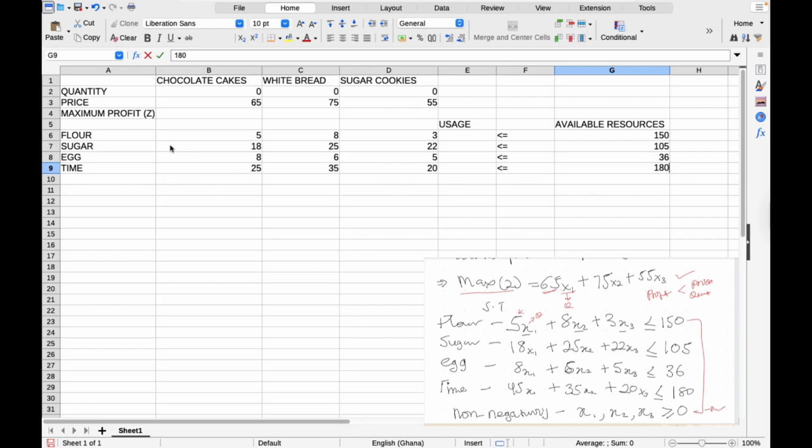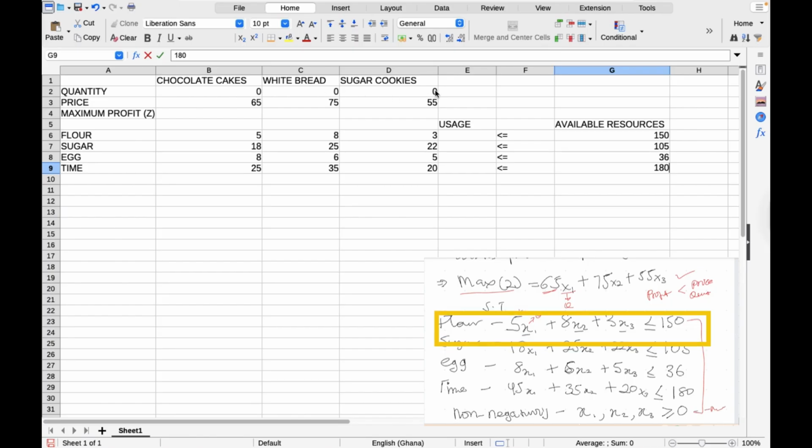Let me explain this. To know the usage, the amount of flour that we used, we are saying it's a summation of how they apportion the flour multiplied by the quantity they used. So we say 5 multiplied by the quantity. This is the x, the decision variables.